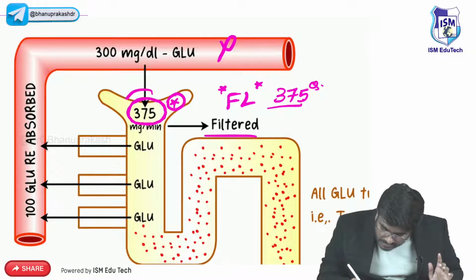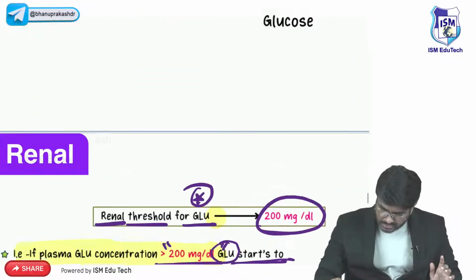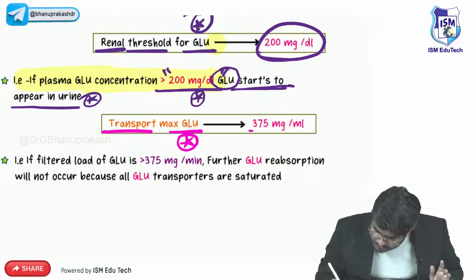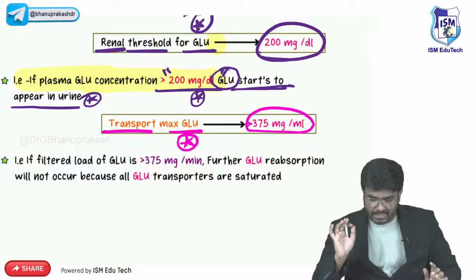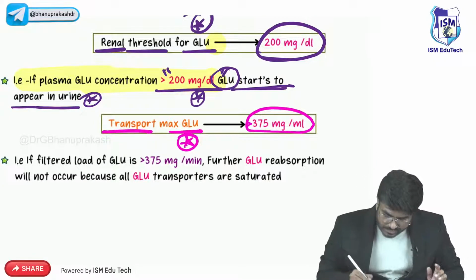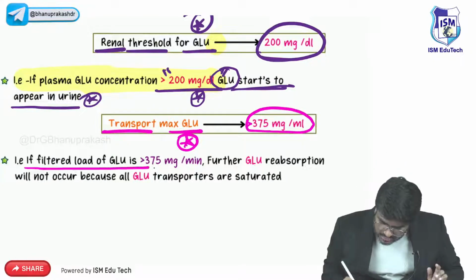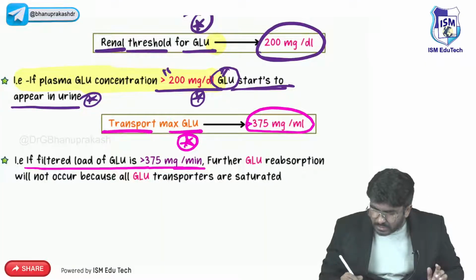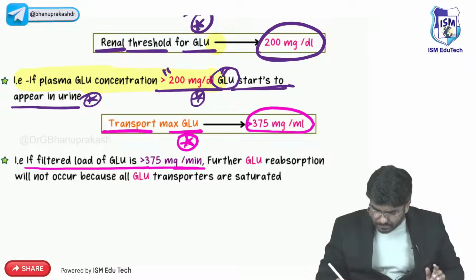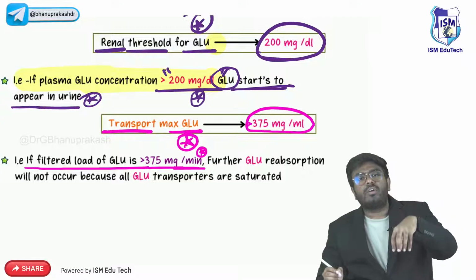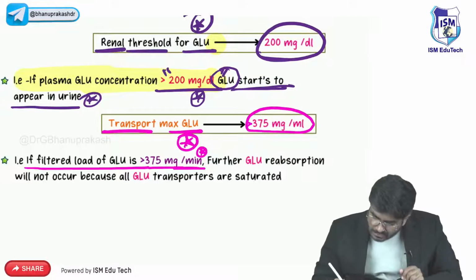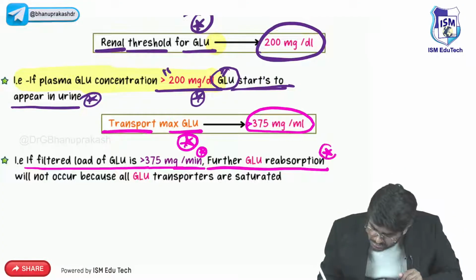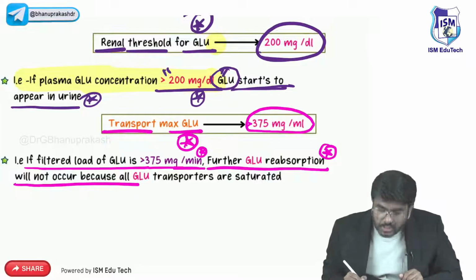If the filtered load of glucose becomes more than 375 milligrams per minute, further glucose reabsorption will not occur.